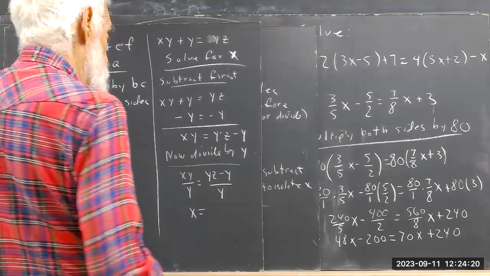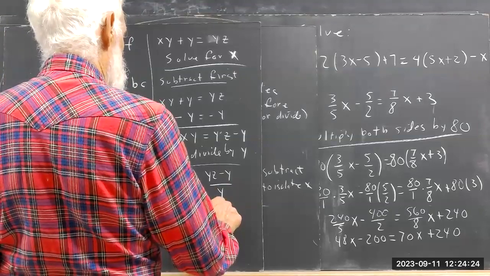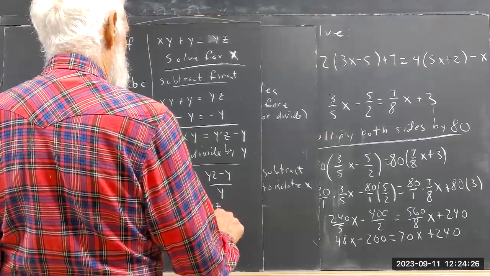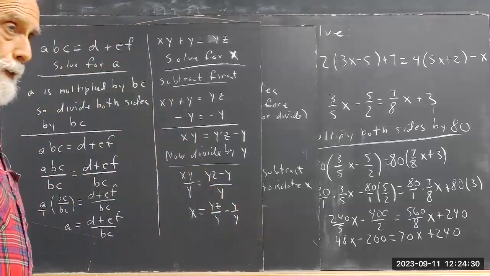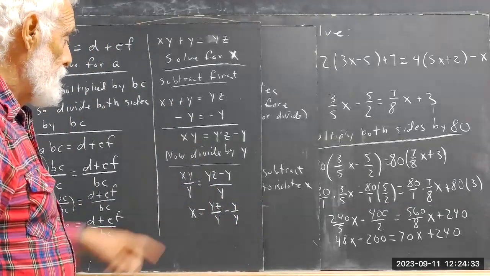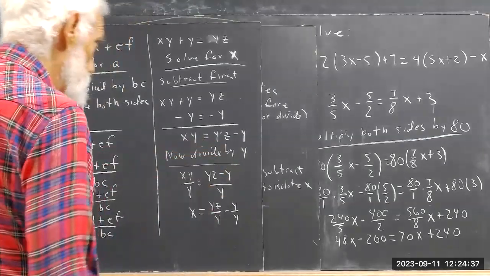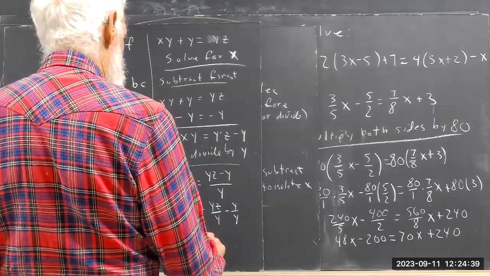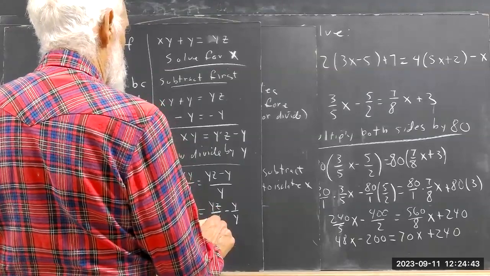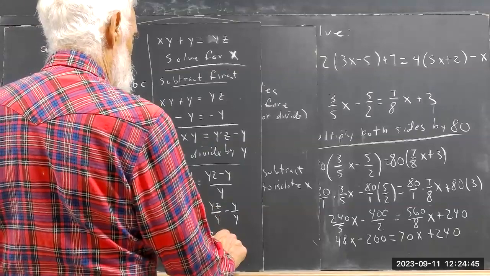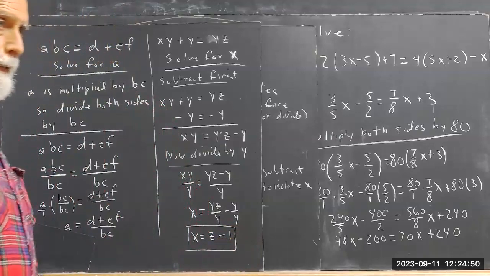It's a distributive law. So I'm going to write it this way. Y divides everything up. Divides this one, divides this one. YZ over Y, the Y's divide out, give you Z. Y over Y is 1. A very simple solution.